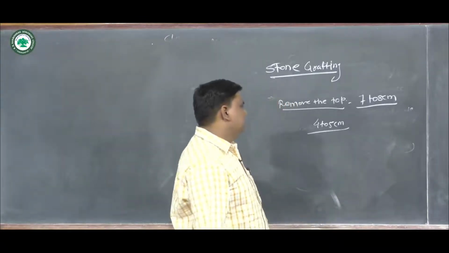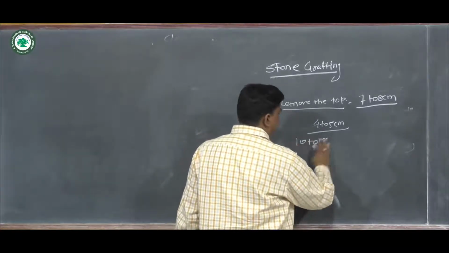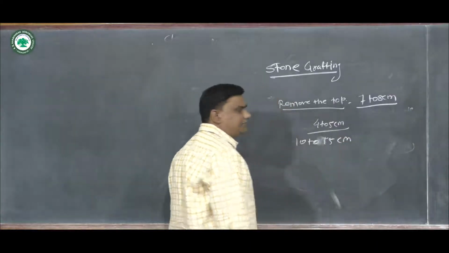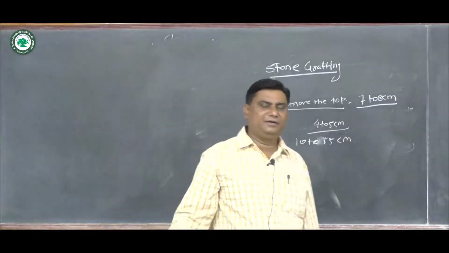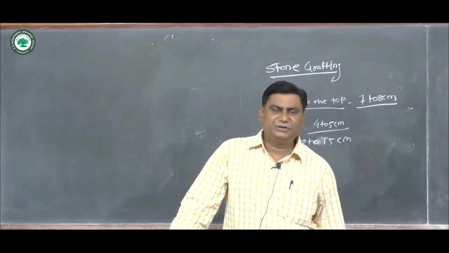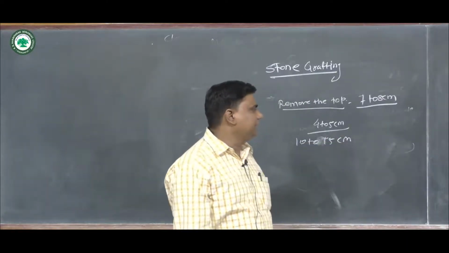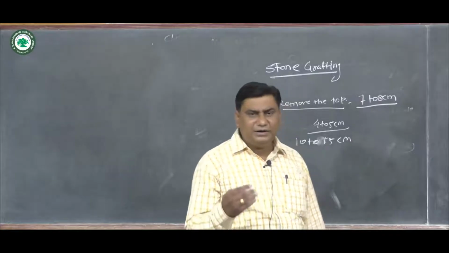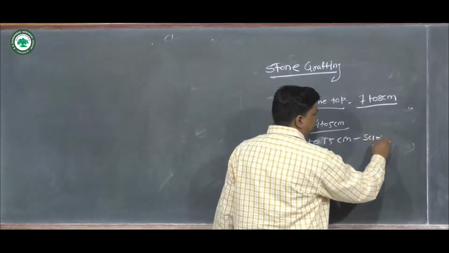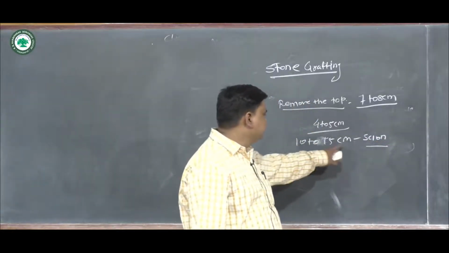Then select a 10 to 15 centimeter mature branch of the desired variety, whatever variety you want, cut it and use it as the scion.